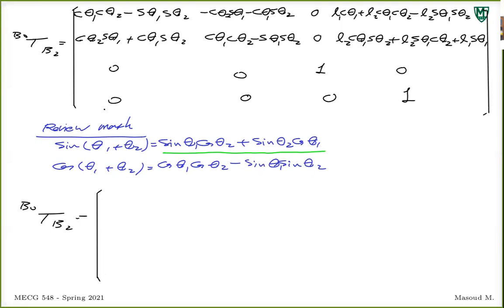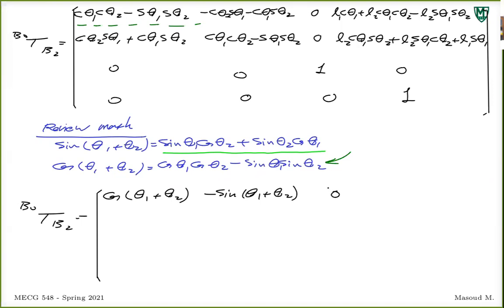The first one, cosine theta 1 cosine theta 2 minus sine theta 1 sine theta 2, is the first element I'm looking at right there. That is this one, right? So you can write this as cosine theta 1 plus theta 2. The second one is minus cosine theta 2 sine theta 1. You just multiply sine theta 1 plus theta 2 by negative, and you'll get minus sine theta 1 plus theta 2.